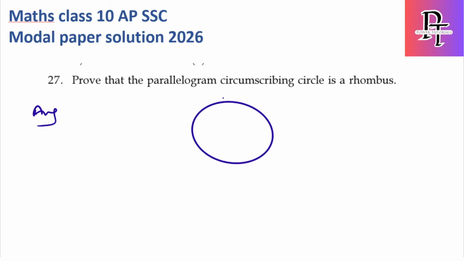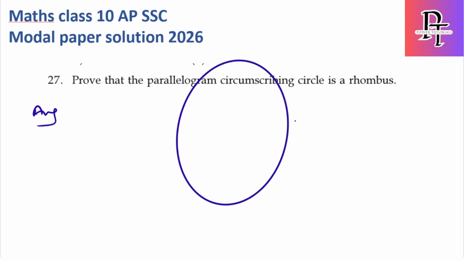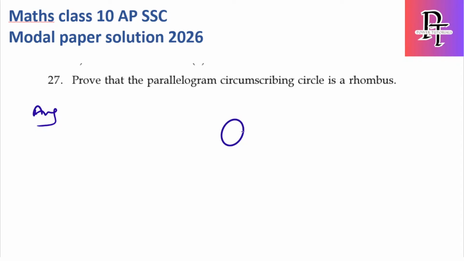First take a circle. Draw a circle first, and then draw a quadrilateral like this.